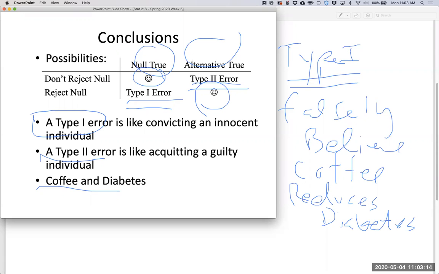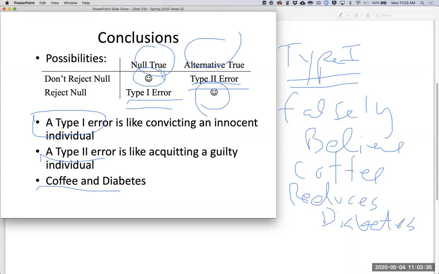Okay, so that's bad. What's the social implication of that? People would believe that drinking coffee will limit their rate of developing diabetes. Someone might very well say, yeah, I'll just go drink more coffee. And we get a bunch of jittery people.